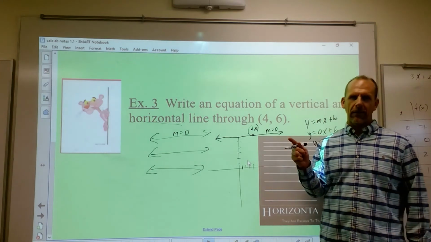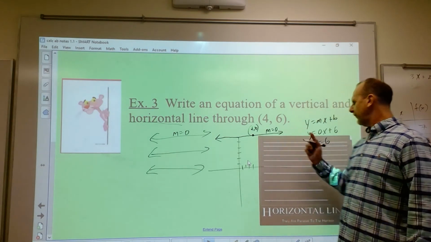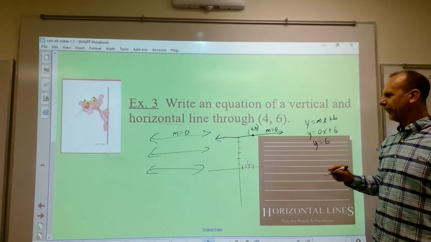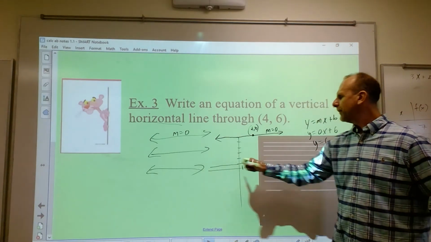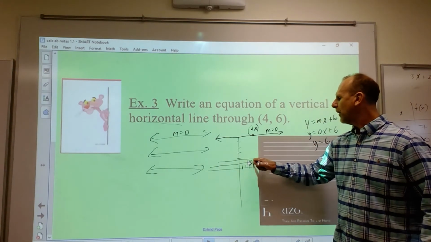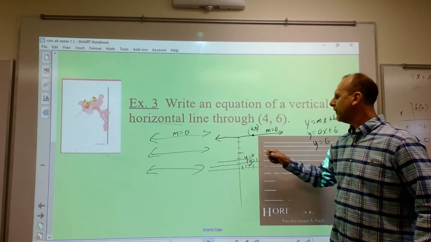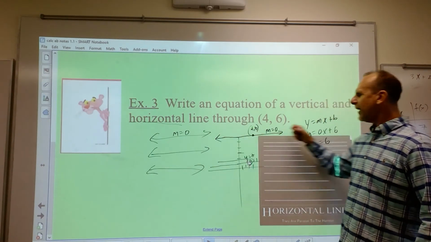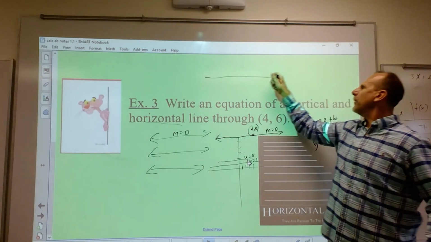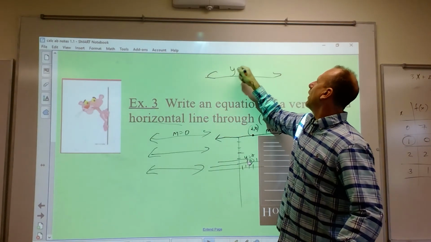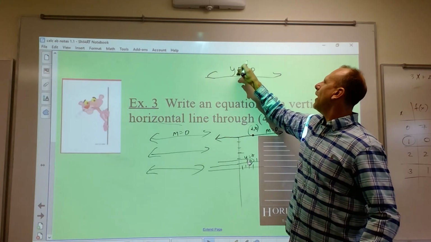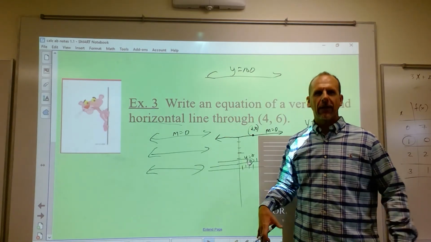All horizontal lines are y equals. Y equals 1. Y equals 2. Y equals 3. Y equals 4, 5, 6. Y equals 100, or y equals -100.